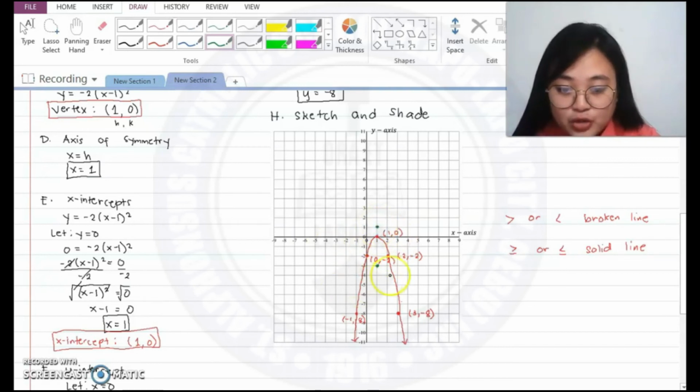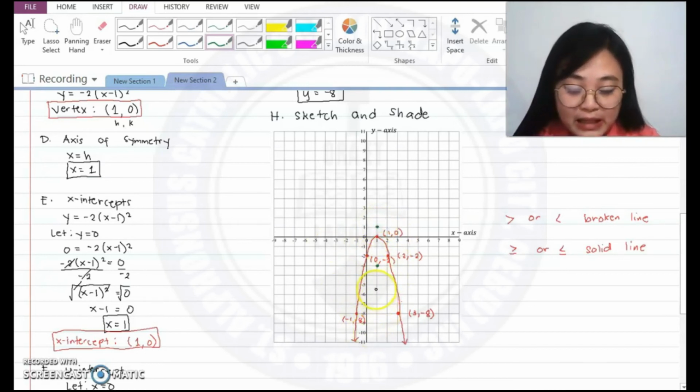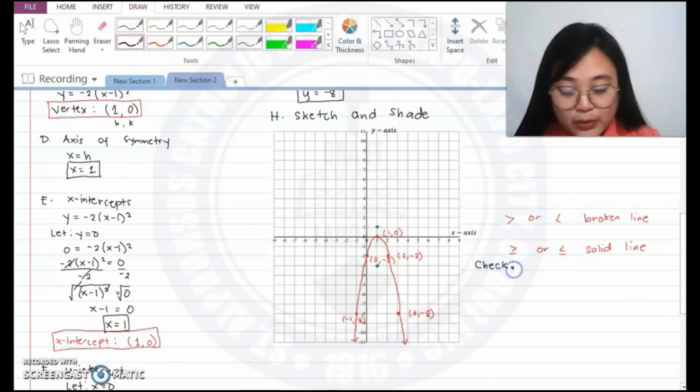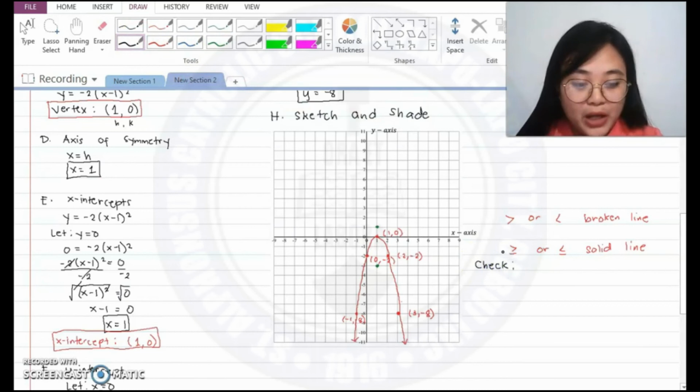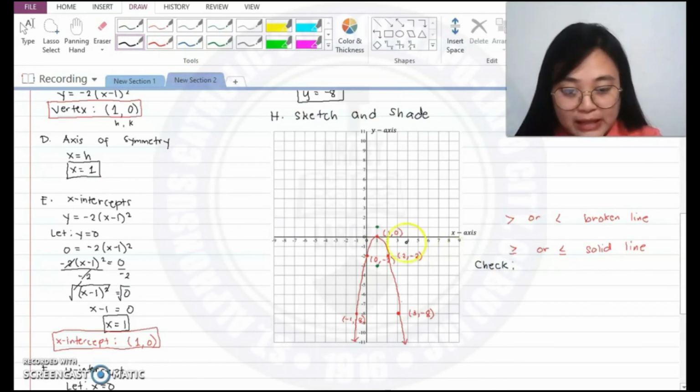Okay, so you can choose any of the points inside and any of the points outside the parabola. And then we need to check. It is very important that we check so that we will know what part of the parabola we are going to shade. So let's have first the inside point.